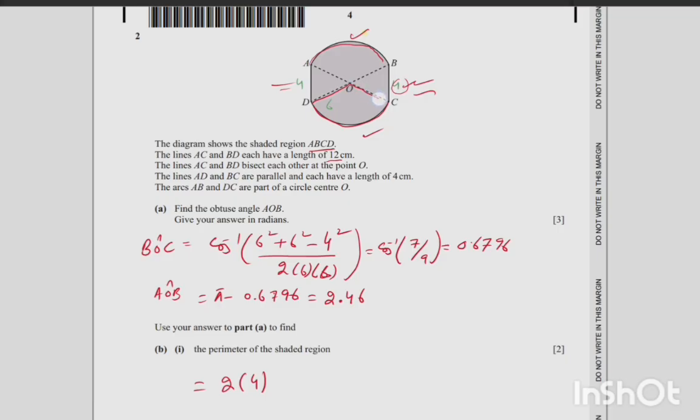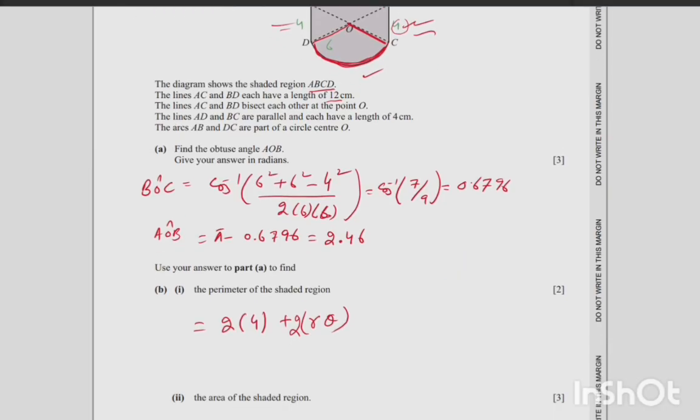This is making an arc, this is making the sector, and here we find the arc. This is our arc length. What's the arc length formula in admaths? In admaths we have the arc length formula r theta, and there are two arc lengths, so we multiply by 2.